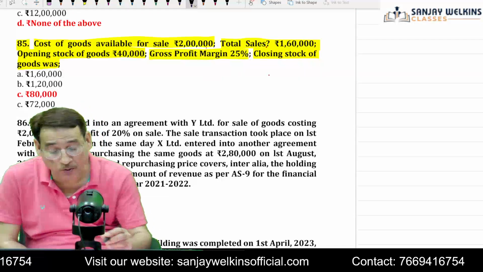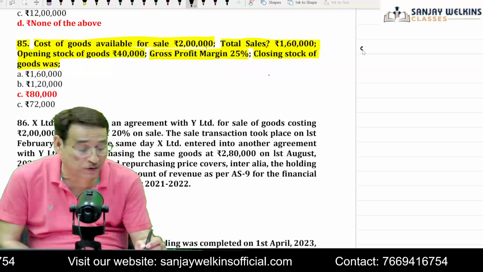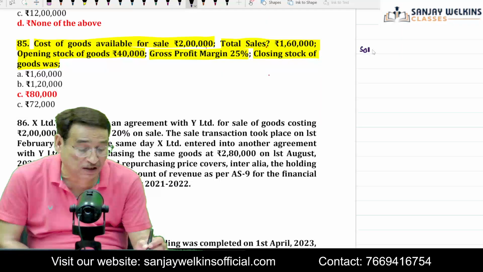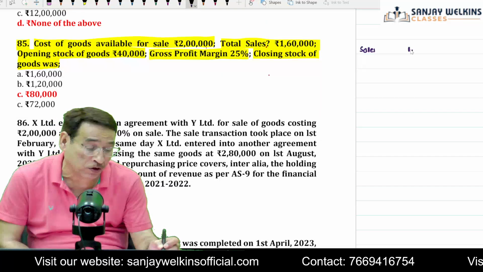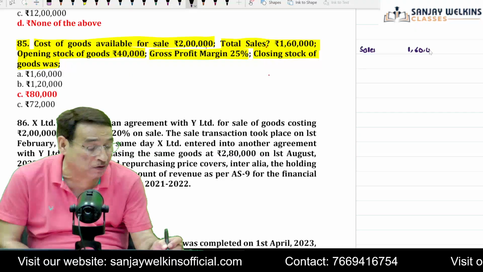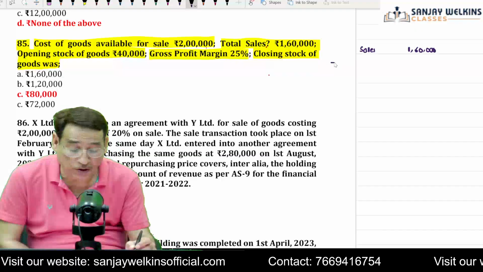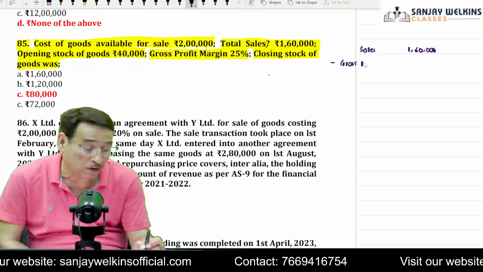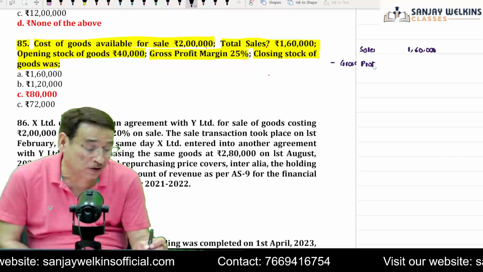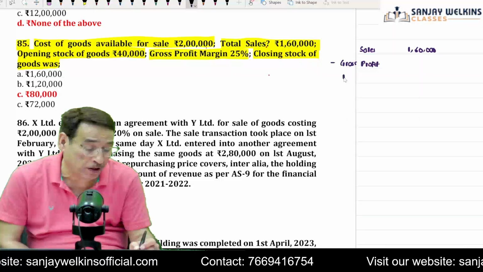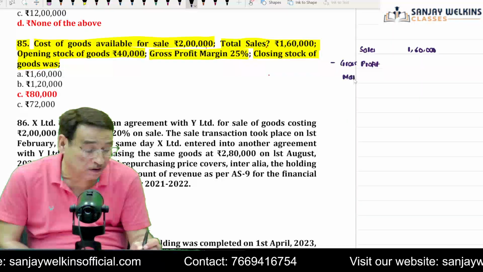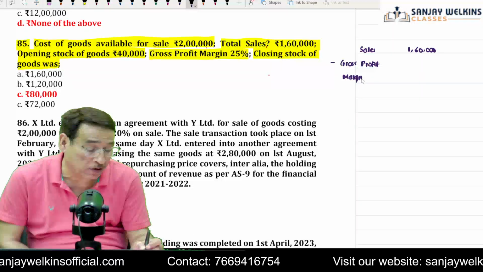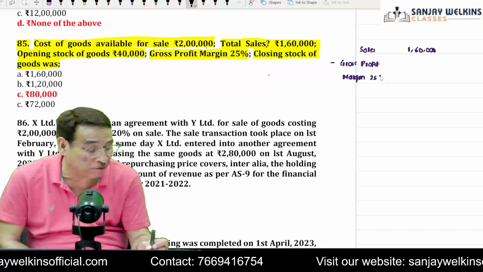Now in order to do this particular question, first of all you need to understand that total sales given to you in the question is equal to 1,60,000. And because gross profit margin is given, gross profit margin is 25%. Gross profit margin is always on sales, correct? Gross profit margin 25% means 25% on sales.